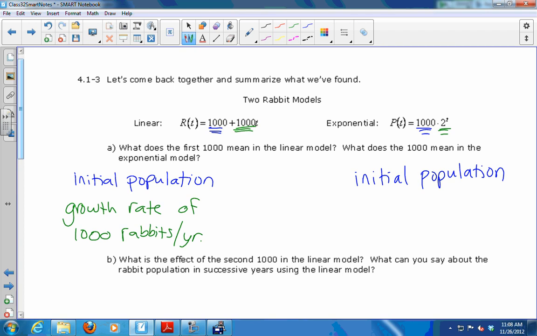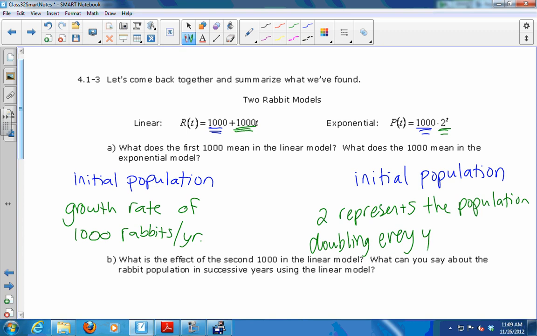Why do we have a 2 there? Yes, because the population doubles. The 2 represents population doubling every year.